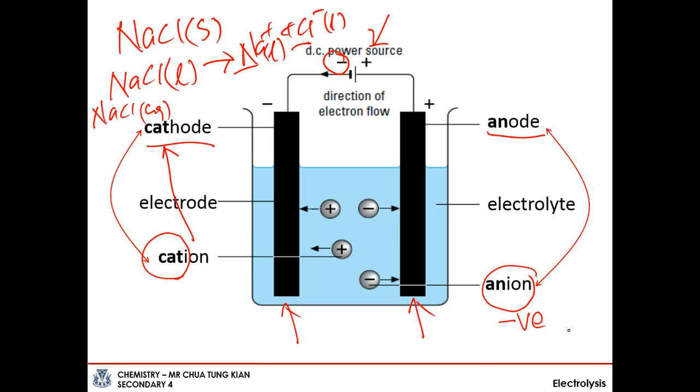So being negatively charged, it will be attracted to the positive terminal of the power source. Last but not least, you have this solution inside, which is called the electrolyte. The electrolyte is basically something which allows the conduction of current to take place within the electrolytic cell.